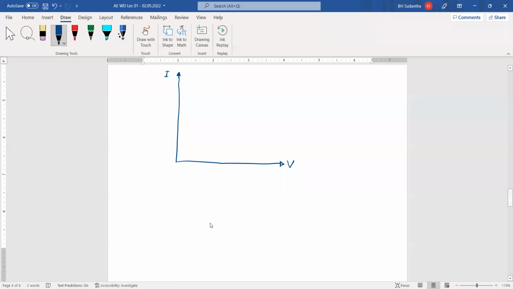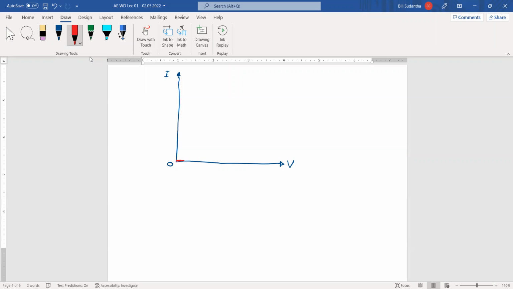Now, we are starting to apply voltage here, from 0 volt, trying to apply a certain voltage. Initially, until we come to V1, we can increase the voltage to 0.1, 0.2, 0.3 volts like that, but we cannot see any external path current.